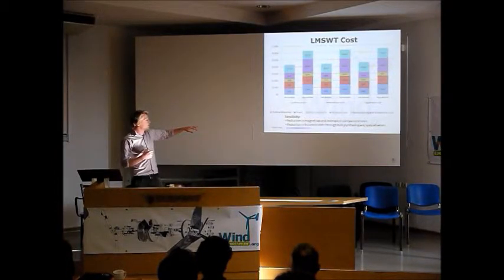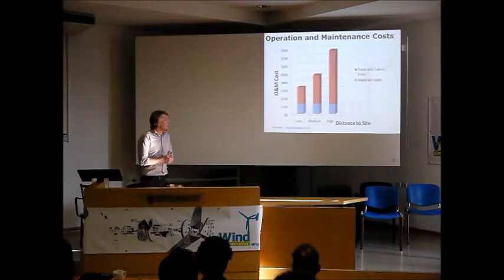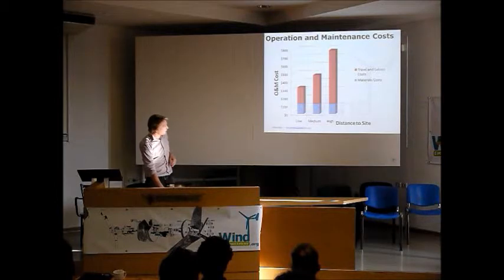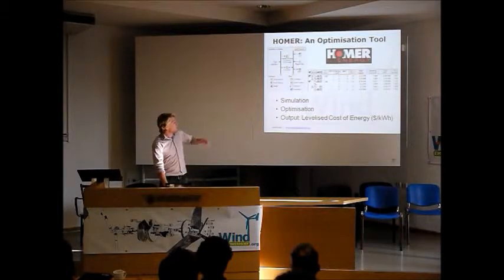The sensitivities for this are an increase in component costs and a reduction in manufacturing tax. The operation and maintenance cost increases quite a lot if there's a big distance to site. If it's more than a day and a half from site, the operation and maintenance costs increase quite a lot.